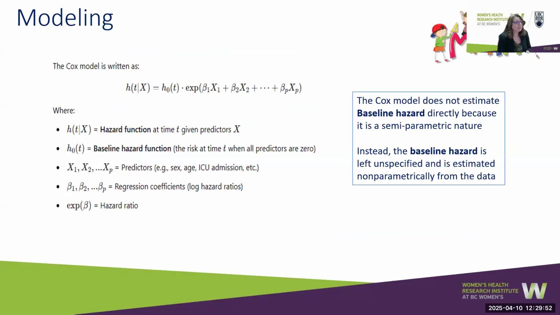So here is some basic math. It's how you actually write the Cox model. It's written for each time point t. The hazard function at a given time t for any predictors X will be the baseline hazard function multiplied by the exponential of a combination of predictors and their coefficients.